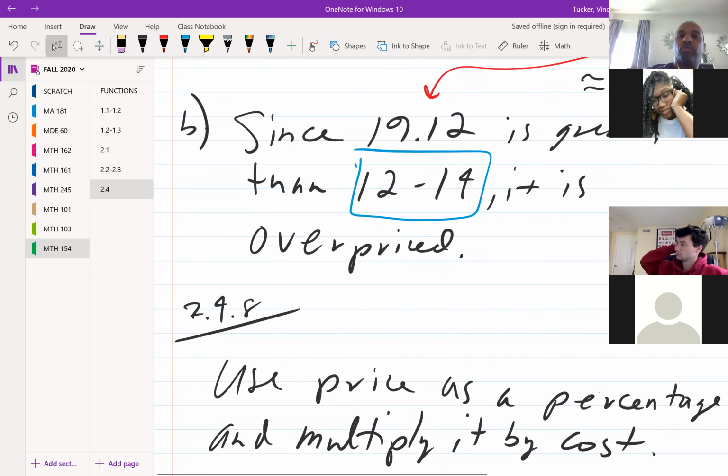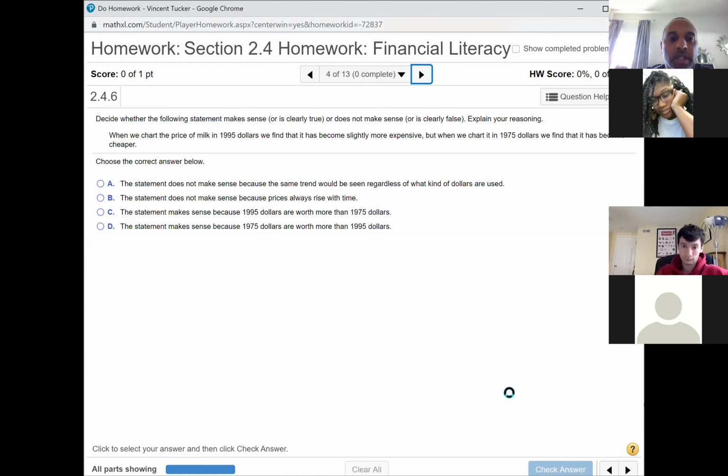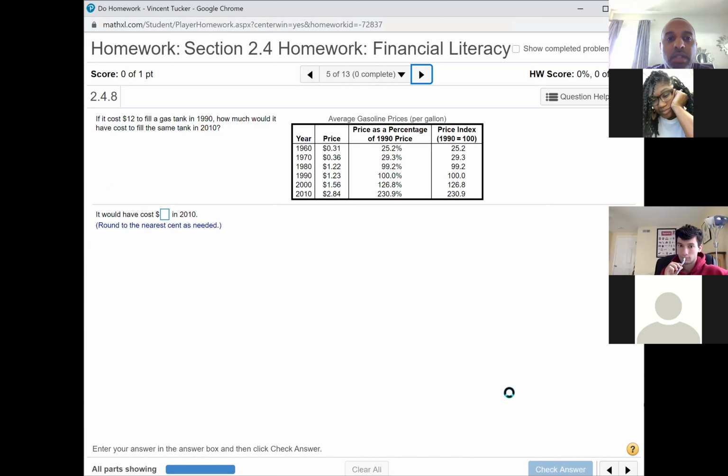All right, so let's look at another one. That's the same type of problem we just did. That's a conceptual one. I'll let you do that. All right, here. If it cost $12 to fill a gas tank in 1990, how much would it have cost to fill the same tank in 2010?